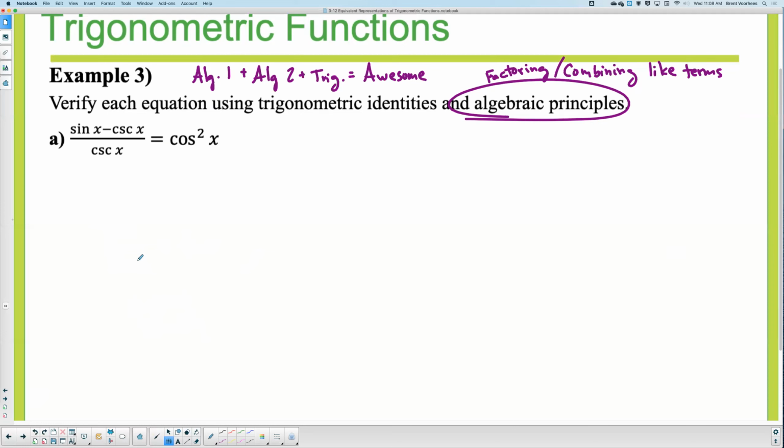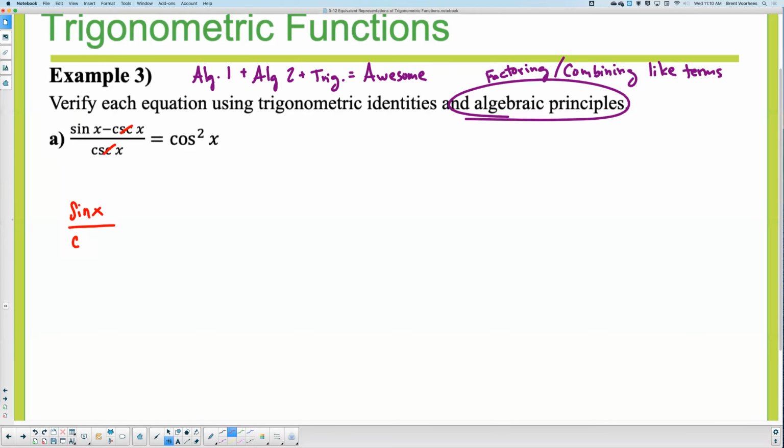Which side's the complex side? The left side. Okay, all right, so here we go. Let's pick up. So what's an algebraic principle I could do here? Well, I have a fraction that has a difference up in the numerator. What I could do first off is separate these into two different fractions.